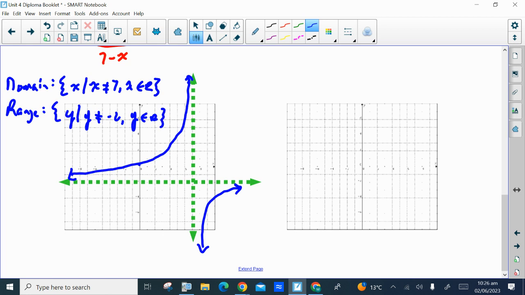If you use interval notation here, you'd have to do 2 for each of the domain and range. For the domain, you'd say from negative infinity to positive 7 with a rounded bracket, and then from positive 7 to positive infinity with rounded brackets. You'd have to do 2 for each of the domain and the range.